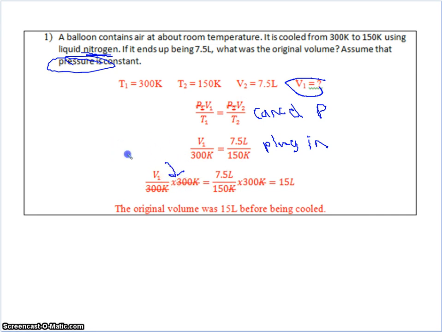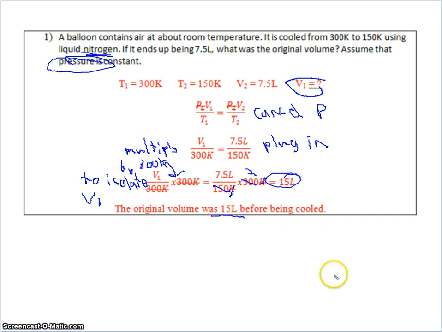So we multiply by 300K on both sides, because they're trying to get V1 by itself, to isolate it. Do your math teachers use that word? That's what my math teachers always said. And then that cancels out. The K's cancel. 300 over 150, that's 2, times 7.5 is 15. So the original volume was 15 liters before being cooled.